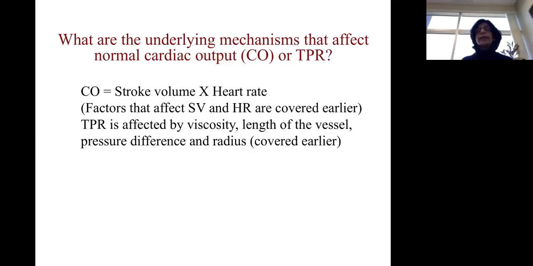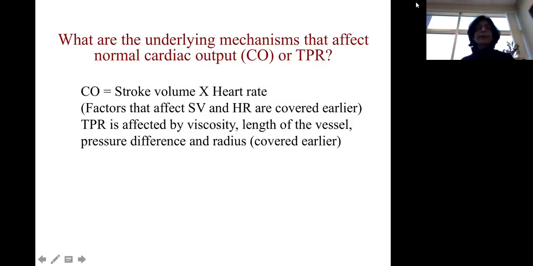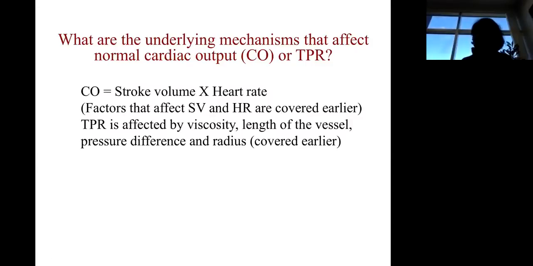Now, what makes us have more than normal cardiac output? What makes us have greater resistance? These were discussed in appropriate lectures. So if you have any doubts, we need to go back and look at those lectures to focus on what increases cardiac output. Well, cardiac output is regulated, or it has two components as well.